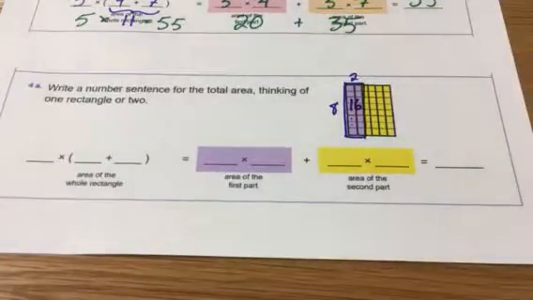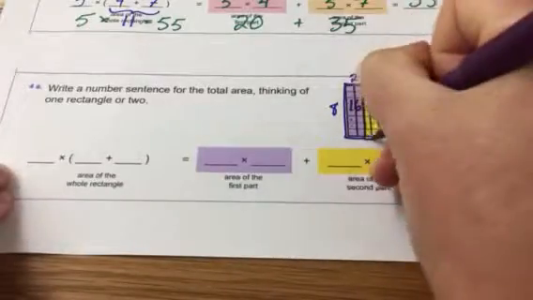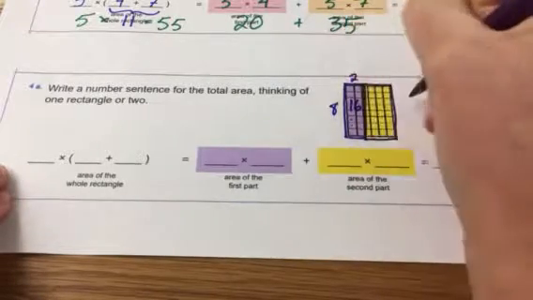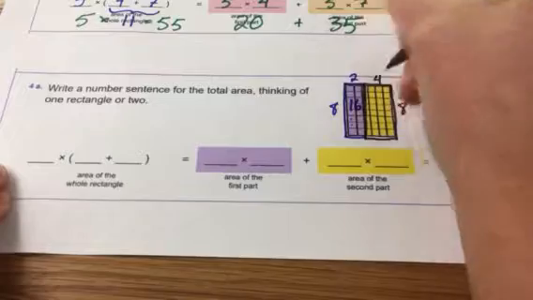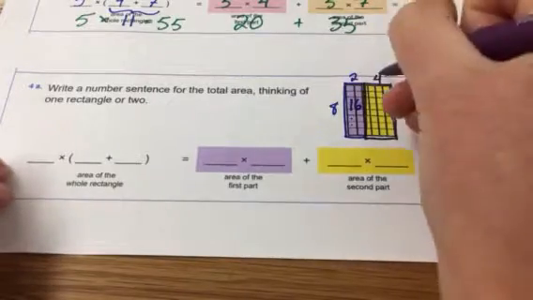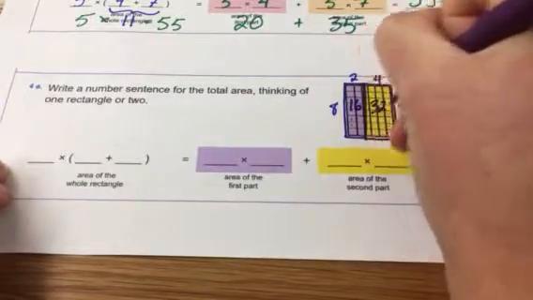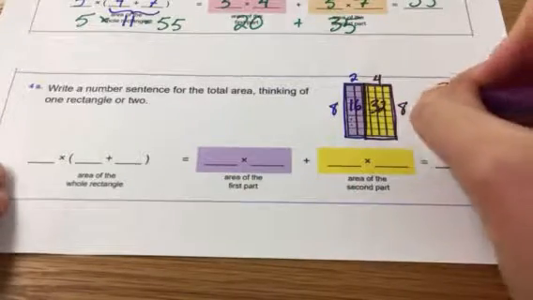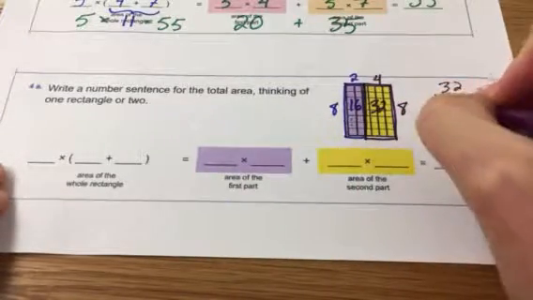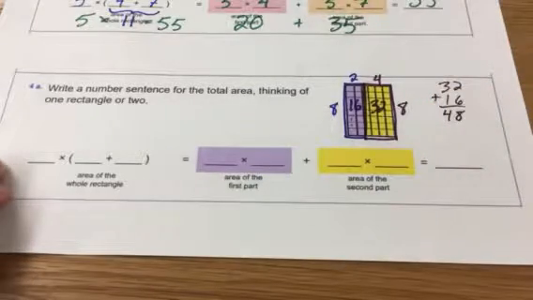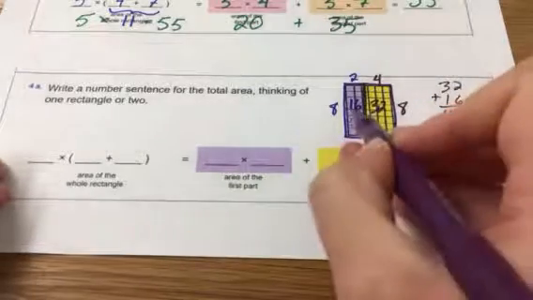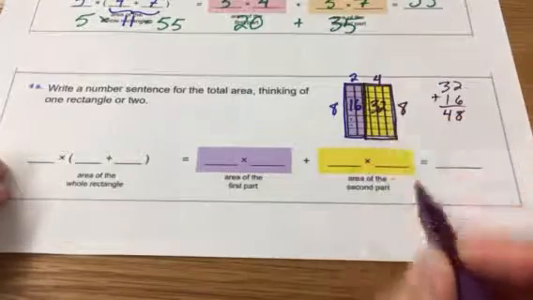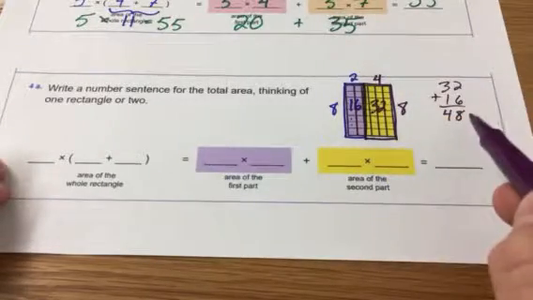Then I've got this one, 8 tall by 4 wide. So 8 times 4 is 32. Now I'm going to add those together. I know my overall area better be 48 because there's 16 purple squares and 32 yellow squares. When you combine those, we get a total of 48.